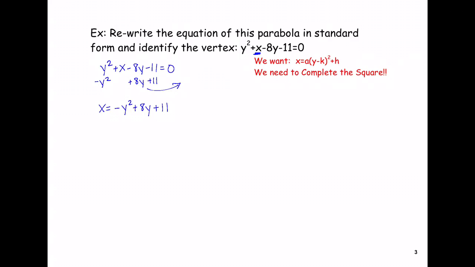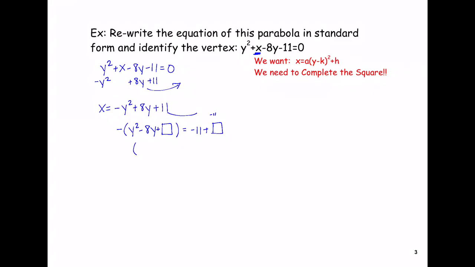In order to complete the square, the coefficient of our squared term has to be positive, so we need to factor out a negative 1, and we're going to move our 11 using the inverse to the opposite side before we factor out that negative 1. So we'll have y squared minus 8y plus box equals negative 11 plus box.